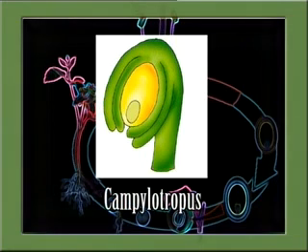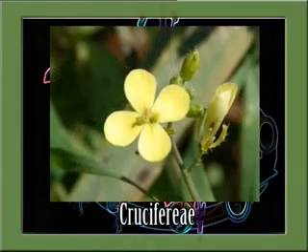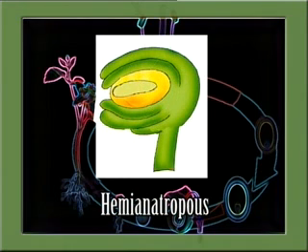Campylotropous. This is an ovule placed transversely on the funicle. The body is bent in such a way that micropyle gets directed downwards and is not in straight line with chalaza. It is found in members of Cruciferae. Hemianatropous. In this type, the body of the ovule is situated at right angles to the funicle.